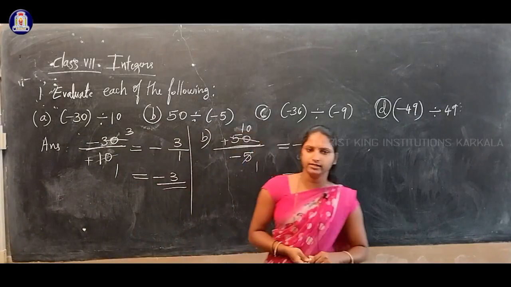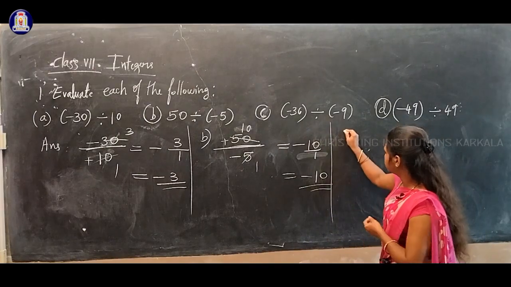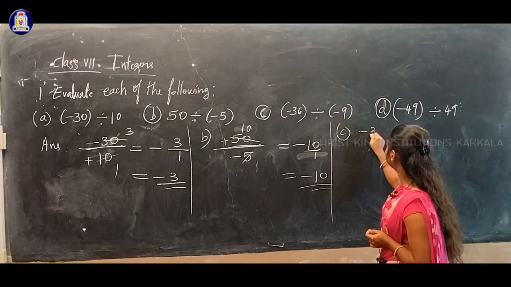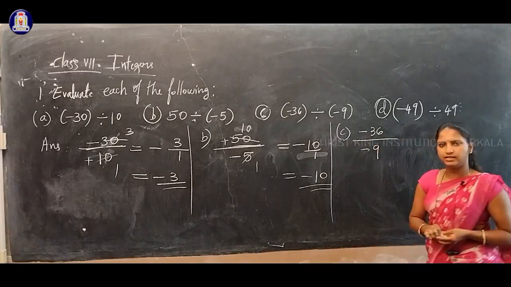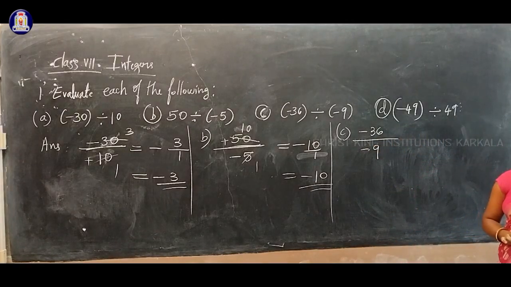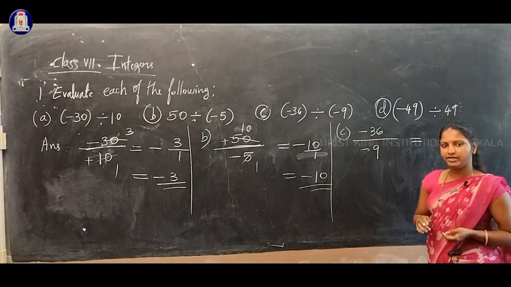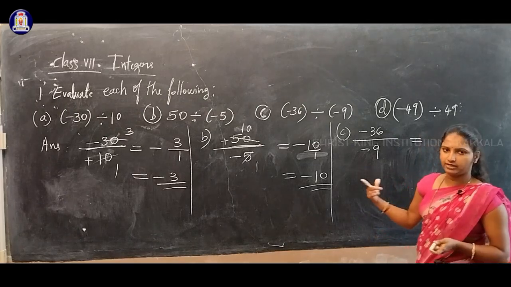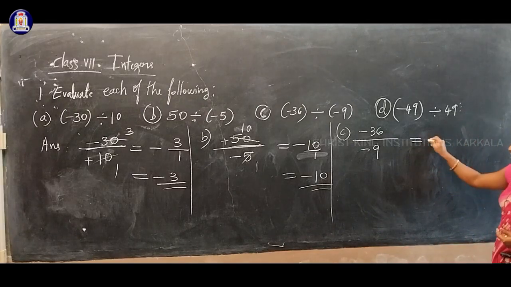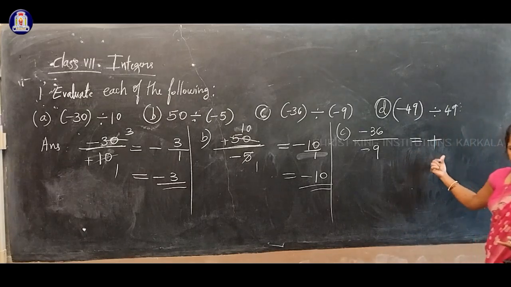This is the second question. Now we will see the third question, that is minus 36 divided by minus 9. Here see the sign: both numerator and denominator have the same sign, right? That means minus minus, and minus minus is a plus, correct?